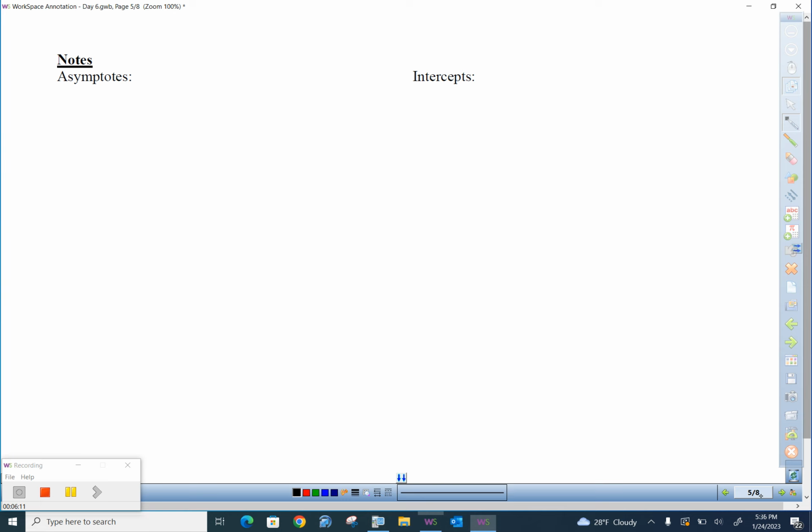So there are asymptotes that are going to show up in fractions, and we're going to talk about the different types. We'll start with vertical because that is something that we have practiced a ton as it comes to conversations with domain. Remember, vertical asymptotes are where x can't be, and we're going to talk about how we find this just in an example.